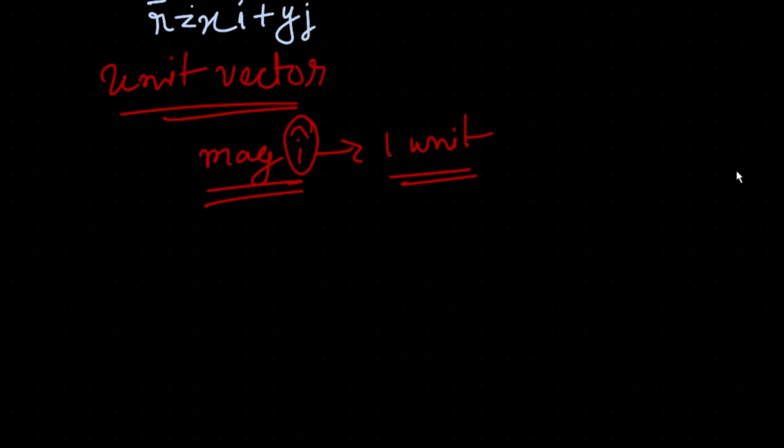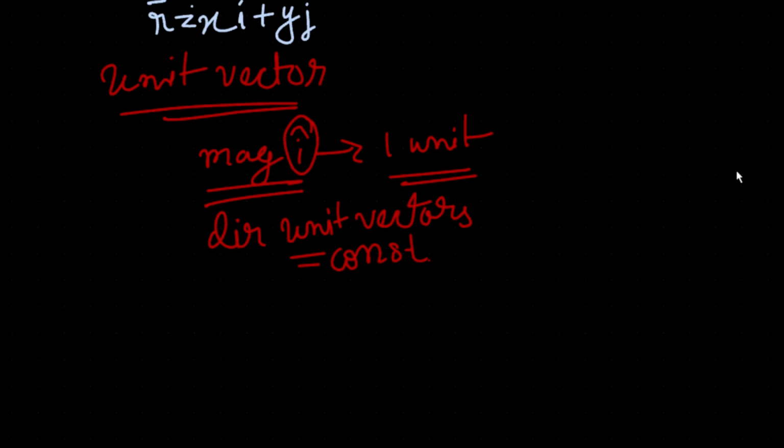And do we remember that the direction of a unit vector is always constant? Otherwise, if it was changing, say at t equals 0 our i cap was this, and at t equals 1 it became this, then the coordinate system would have failed. We would need to change the coordinate system every second, every tiny amount of time that has elapsed. So it is not feasible.